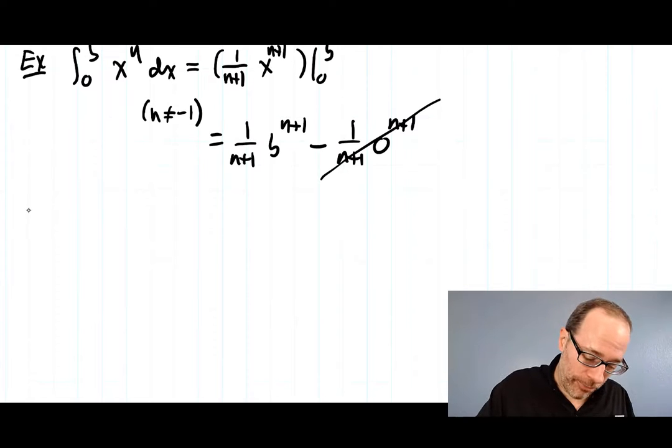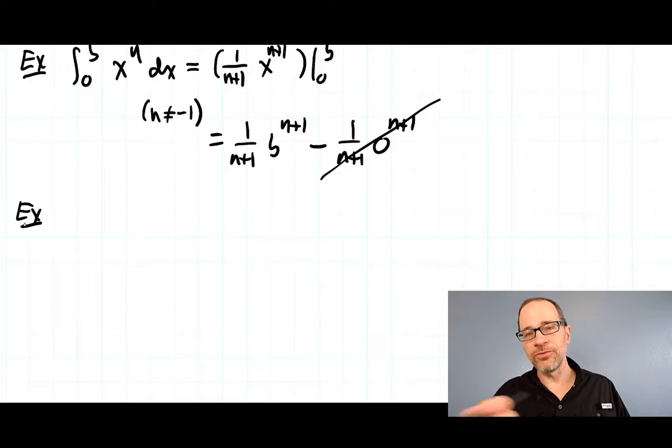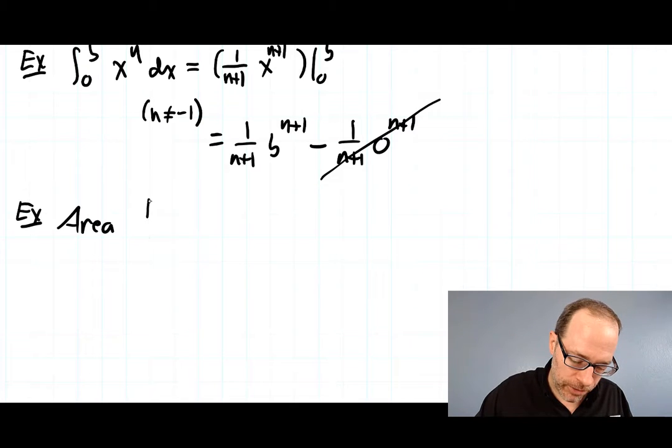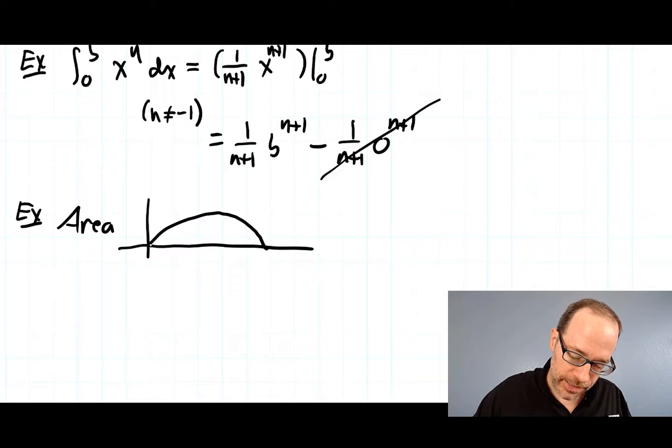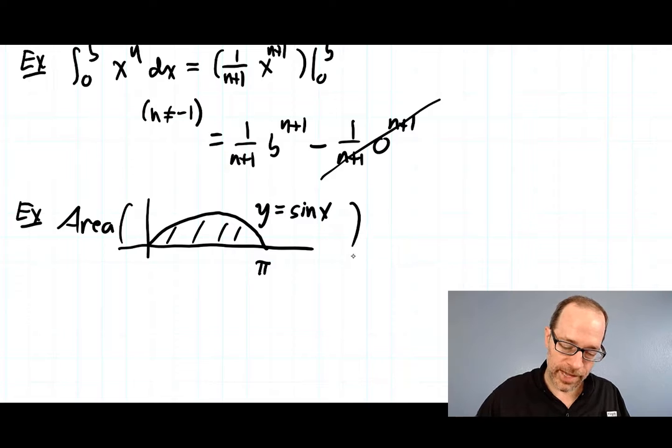One more example. Find the area of one arc of the sine function. In other words, what's the area under the curve of this? So here y is equal to the sine of x, and we're going from 0 to pi. So find the area of that.